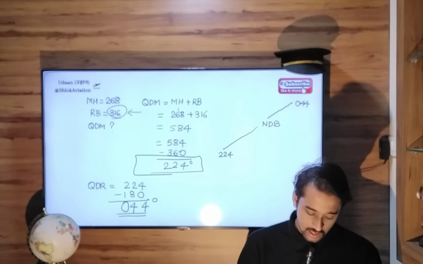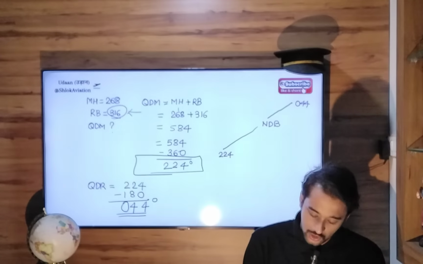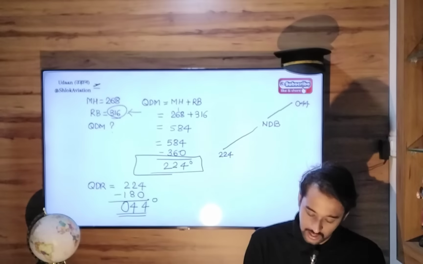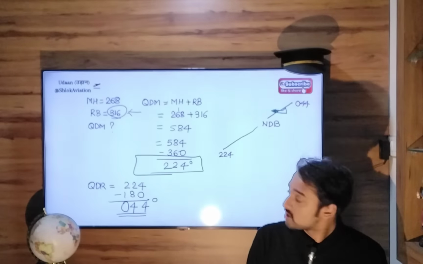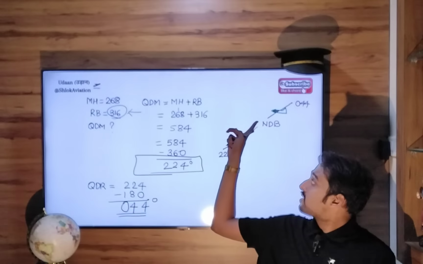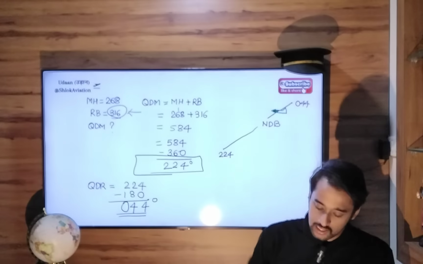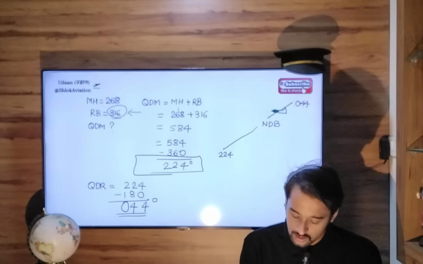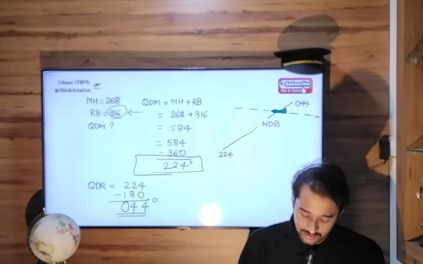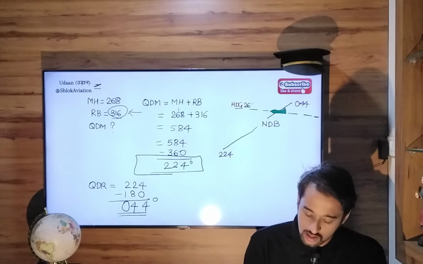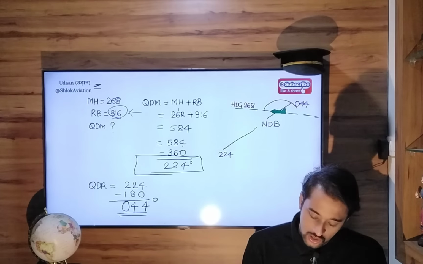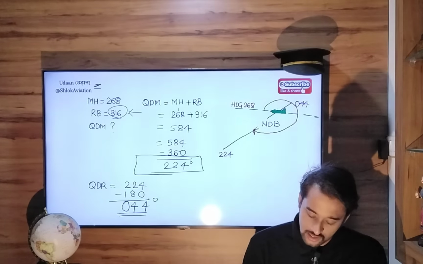Okay, towards the station, and QDR is 044. So your aircraft is somewhere here on a heading of 268. So 268 will be this. 224 is this way. 268 will be more than 224, so somewhere in this direction, close to 270. So this is your aircraft heading, and relative bearing starts from heading, 268, to your QDM, which is 224.